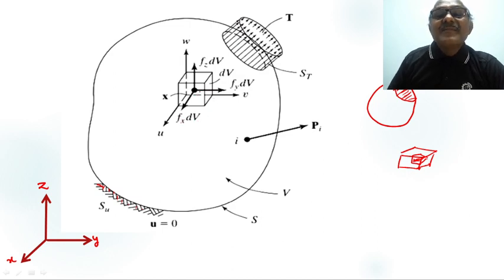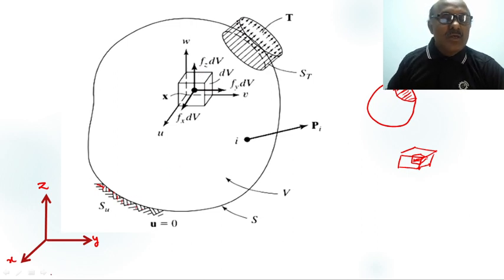Again, in a similar fashion, the body force in y direction per unit volume is Fy. For dV volume, Fy multiplied with dV. Similarly, body force in z direction is Fz per unit volume, so total body force in z direction is Fz into dV, my dear students.